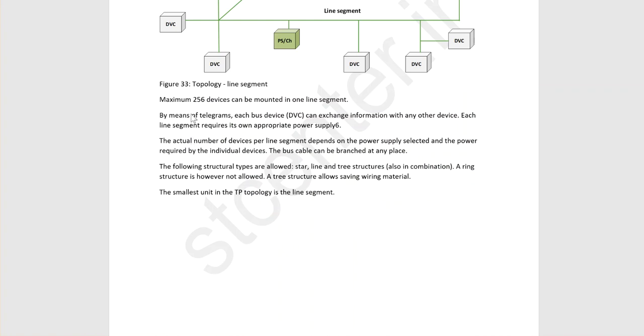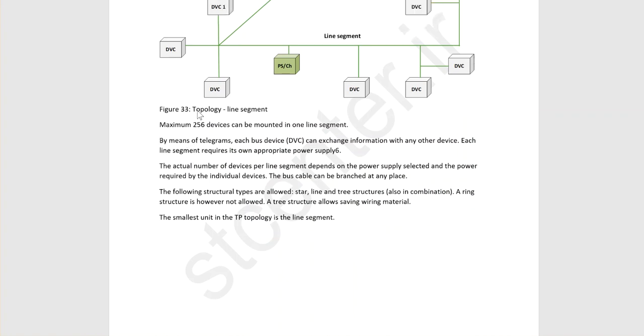So what the book says here, apart from the number of devices possible in each line segment, which is 256 including the line coupler, and 255 without it: by means of telegrams, each device can exchange information with any other device.